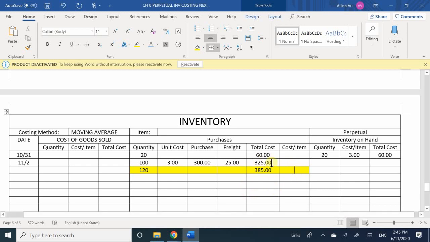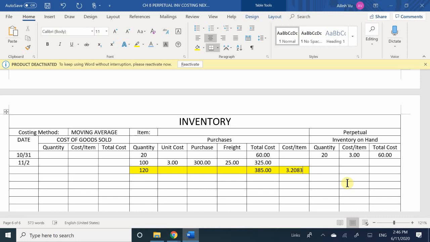So now we're going to be taking our new total cost because we're not focusing on one batch anymore. We're combining the two to make one single group, okay? So now we need to add up the total cost, which we've already done, which is $385. And now we're taking the total amount of units, which we know is 120. Right, so now our cost per item is 3.2083.